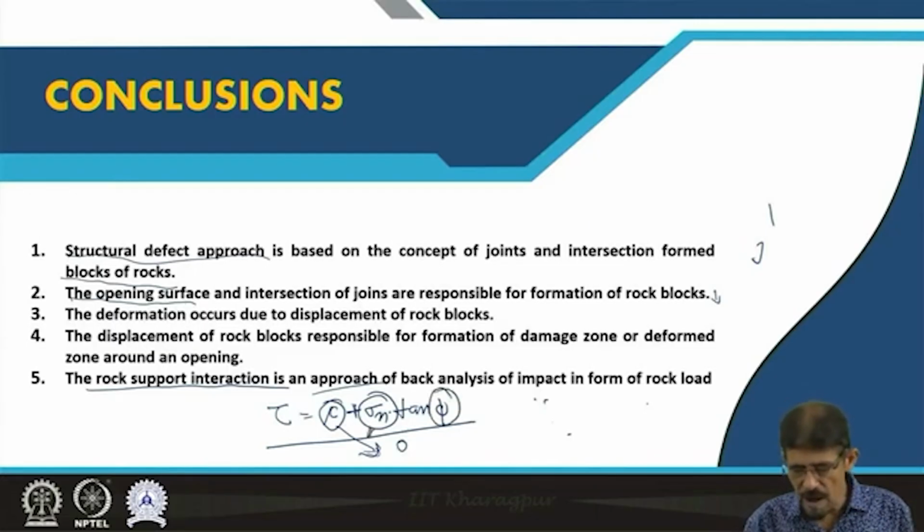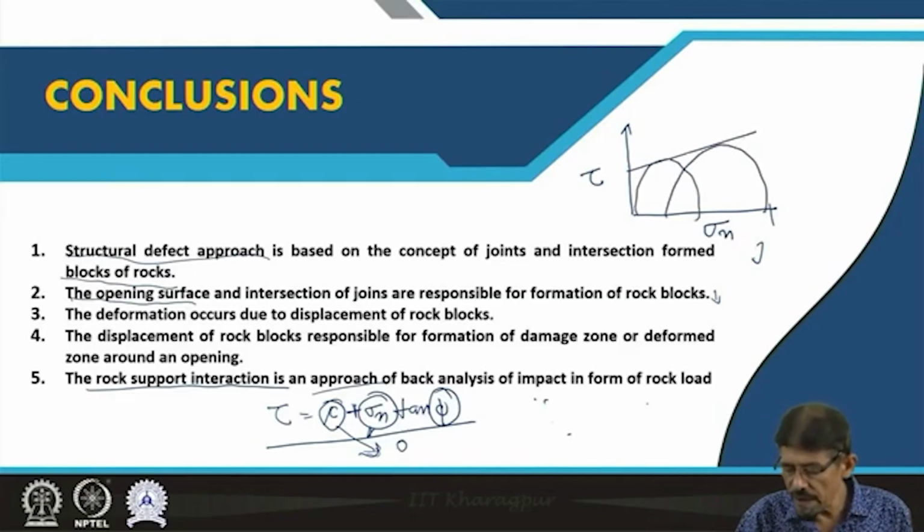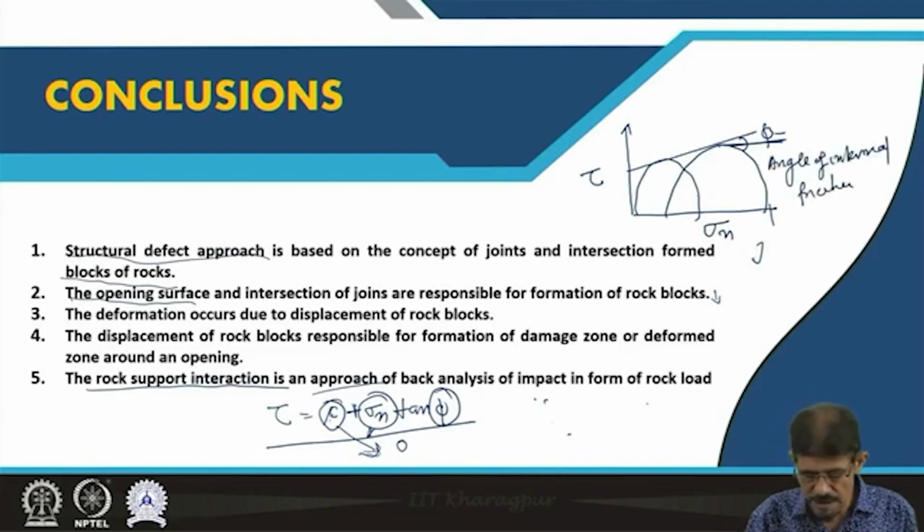This cohesive stress and the addition of the normal stress coming from the overlying rock strata, and the angle of internal friction: if we plot sigma normal here and shear stress here, then this type of envelope is what we get after plotting the Mohr-Coulomb criterion, where this angle represents phi, the angle of internal friction, and C is the cohesion.